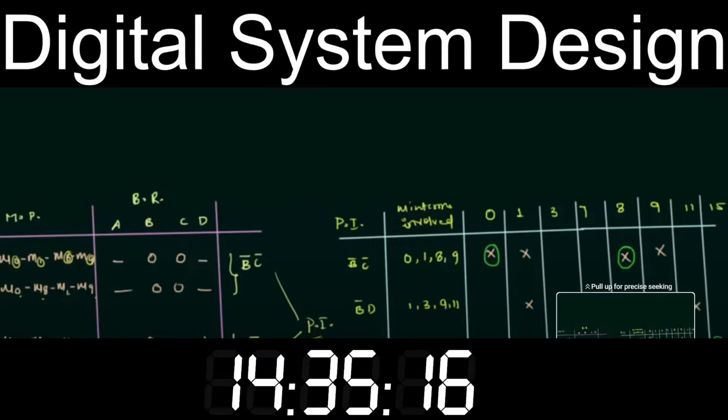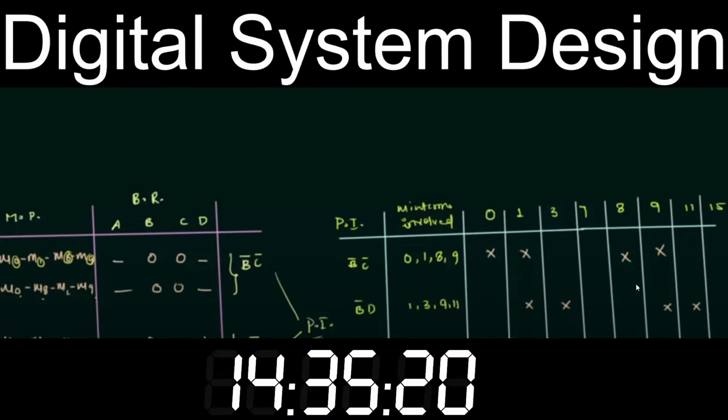Also we have columns with a single cross. In this column we have two crosses, in this column also two crosses, but in this column we have only one cross. And this is also a column having a single cross, and this one is also a column having a single cross.